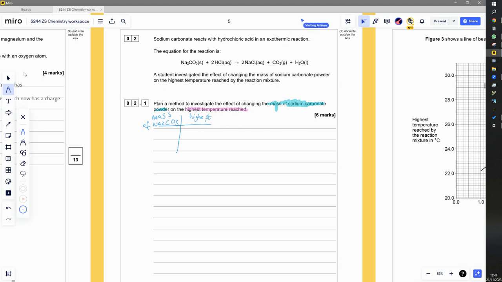So if you just said, I'm going to change the mass of sodium carbonate and then measure the highest temperature in each case, and then plot the results, that's probably going to get you 1 or 2 marks there.